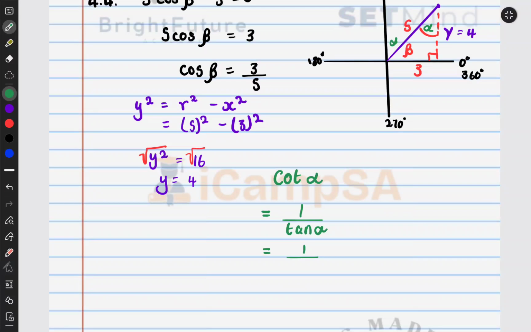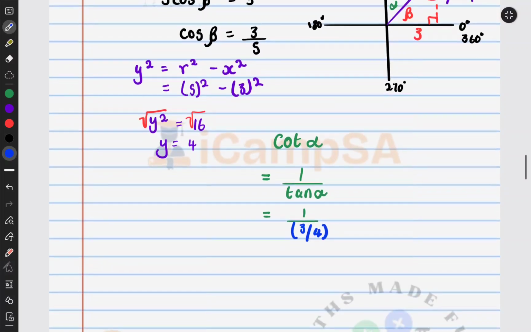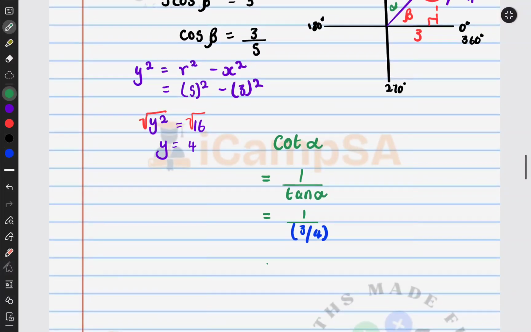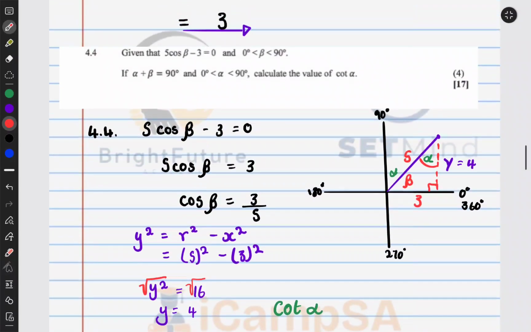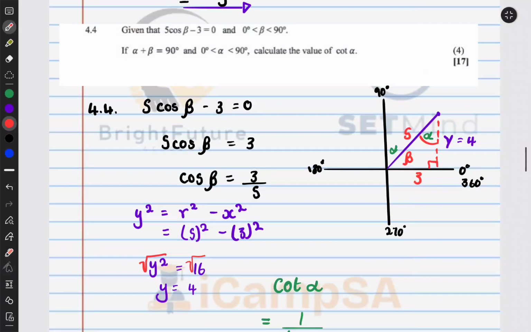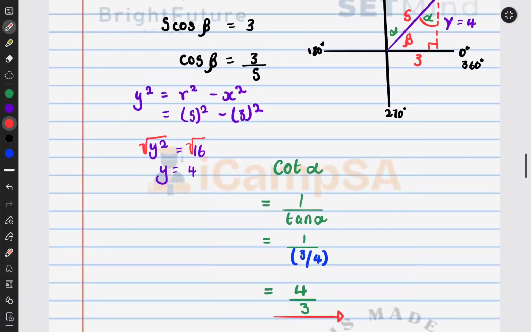So this is 1 over, what is the opposite side? The side that is opposite to the angle alpha is 3, divided by the adjacent side. Which side is adjacent to alpha? It is 4. So this is equal to 1 over 3 over 4. Therefore it's going to be 4 over 3. And that is the value of cot alpha for 4.4. Okay, it was the last question in question 4. Hopefully it made sense.